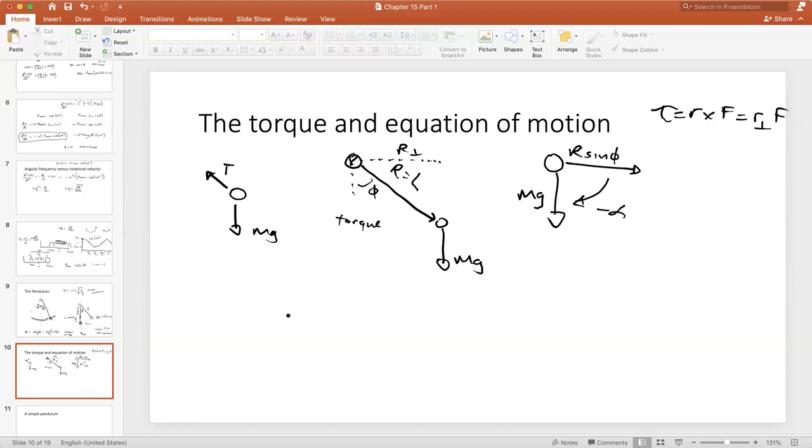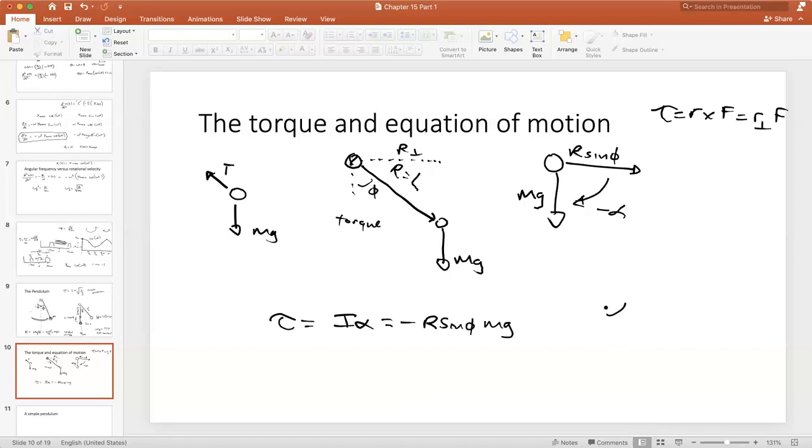So we're going to write that the torque, if we remember, torque is I alpha, and therefore it's equal to, that would be negative, a negative r sine phi times mg. But I want to rewrite this.